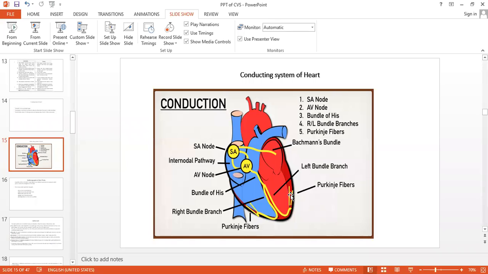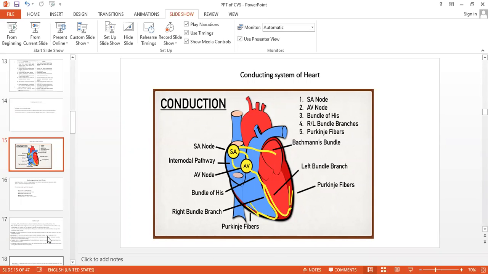When the right ventricle contracts, its contents, the blood, transmitted through the pulmonary artery to the lungs, and the left ventricle transmits the oxygenated blood from aorta to all over the body. This is overall the conducting system of the heart.